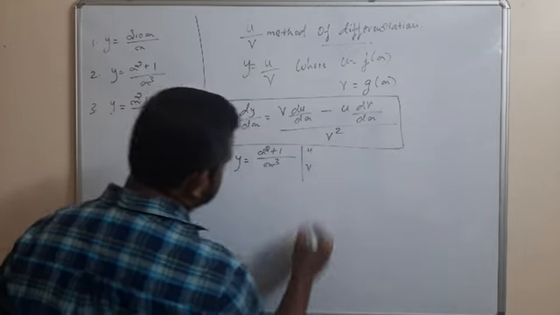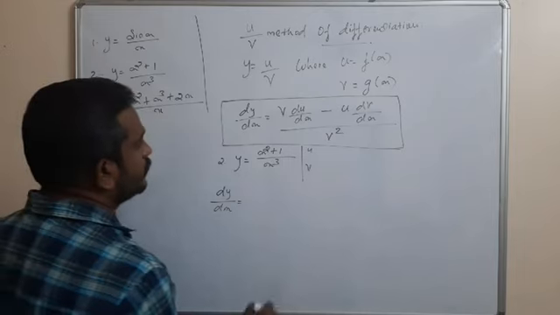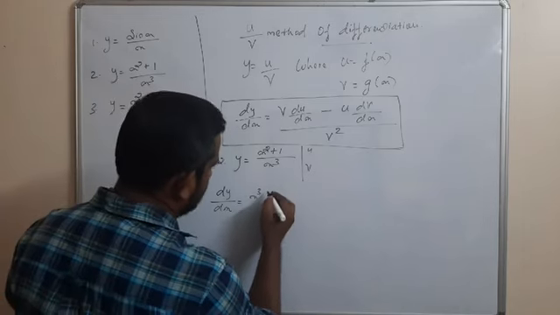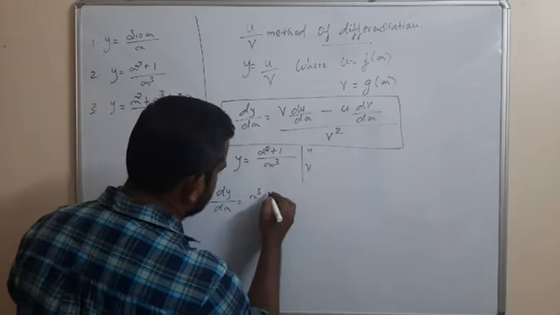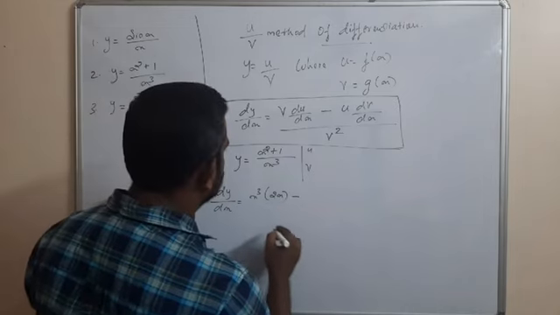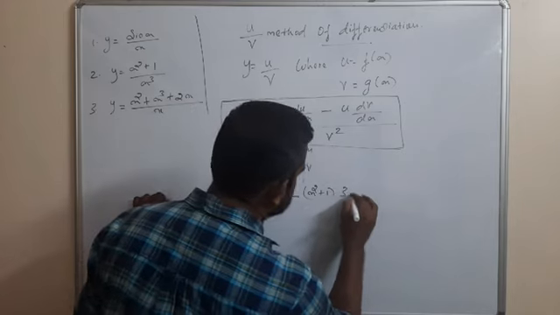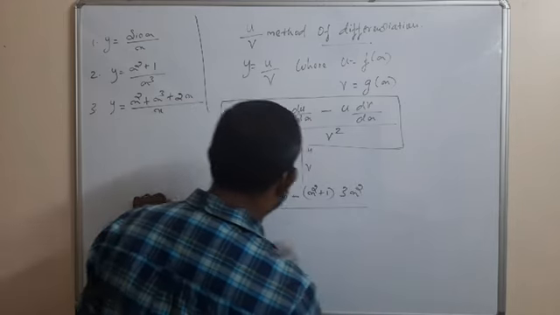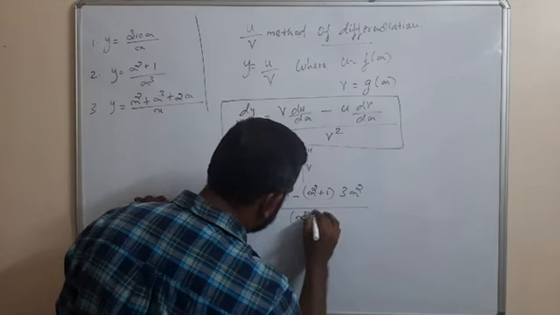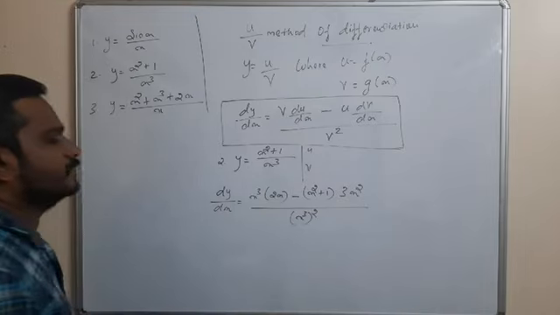So this is u, this is v. dy by dx equal to v into du by dx, that is x cube into 2x plus 0, minus u into dv by dx, that is x square plus 1 into 3x square, divided by v square, that is x cube whole square. This is the differentiation.